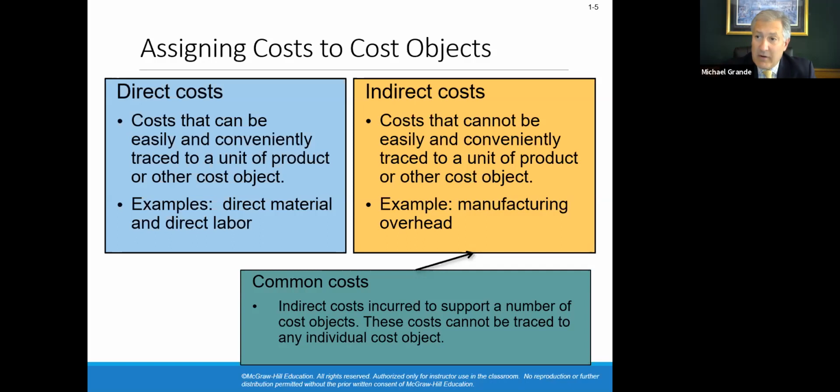Indirect labor is another component of manufacturing overhead. And indirect labor, examples there are salaries and wages of employees in the factory that do not touch, do not assemble the desk. Supervisors, for example. Supervisor may be overseeing many people who make that desk but doesn't really touch the desk.